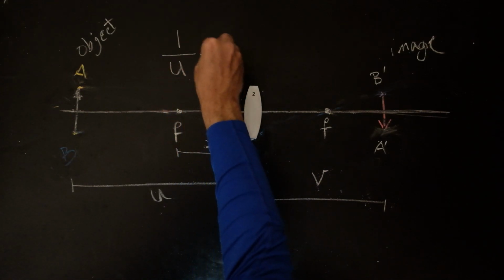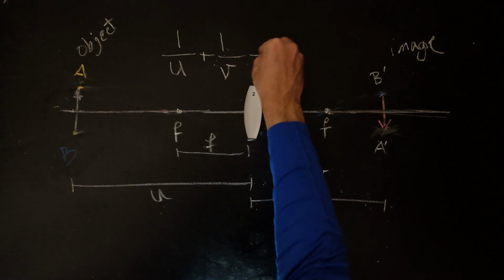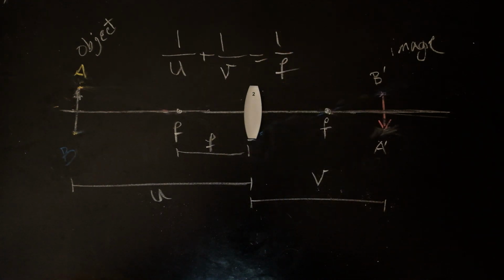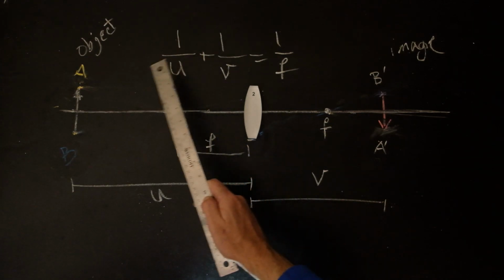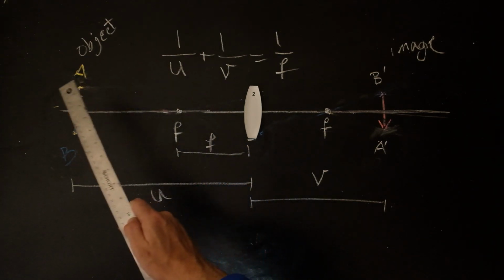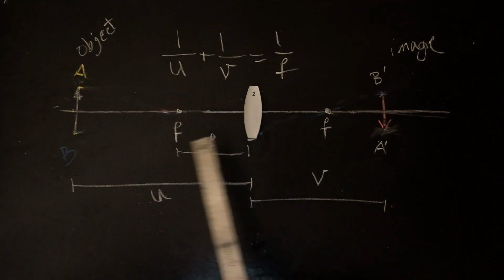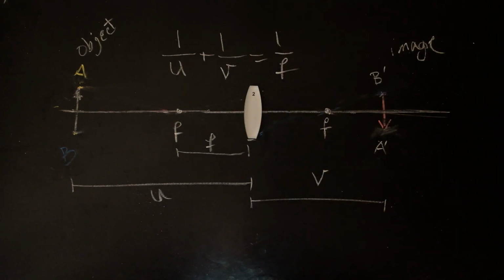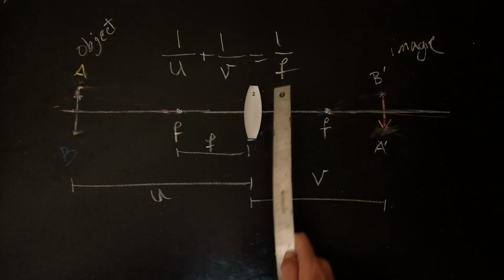One over u plus 1 over v is equal to 1 over f. So 1 divided by the distance between the object and the lens plus 1 over the distance between the image and the lens is equal to 1 over focal length. This focal length is a constant number for this lens.